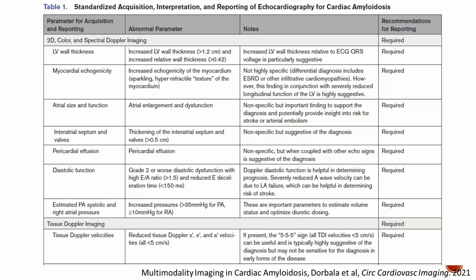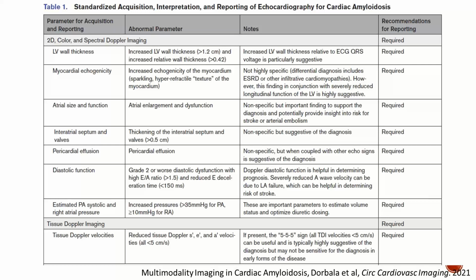Another thing is that a severely reduced A-wave velocity can be due to LA failure, which can also be helpful in determining the risk of stroke. You have to estimate the RV systolic pressure, PA pressure, and right atrial pressure. Then tissue Doppler, as I mentioned, the 555 sign with all the tissue velocities less than 5 centimeters per second.